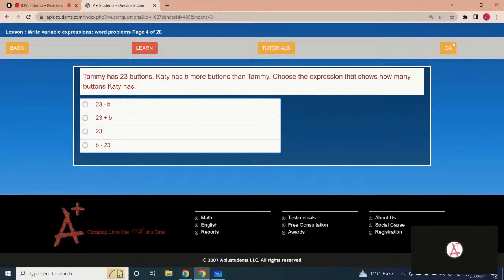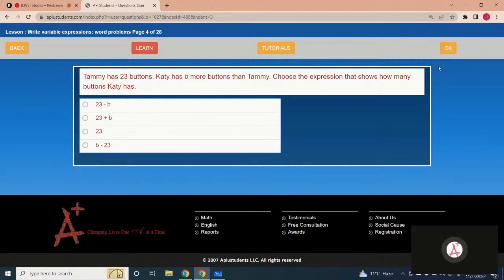So it would be 23 plus D because D more. That means it would be 23 plus.